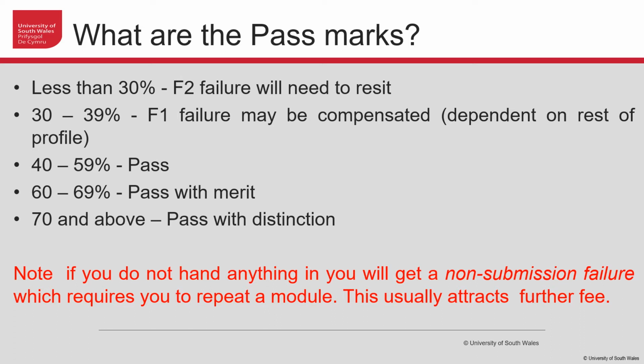What we mean by this is if you're doing a full course, i.e. sitting at 180 credits, and your profile amongst the 120 credits is good apart from one module, you may be awarded a pass to compensate for that module you have failed. 40 to 59% is a pass mark, 60 to 69% is a pass with merit, and 70% and above is a pass with distinction.